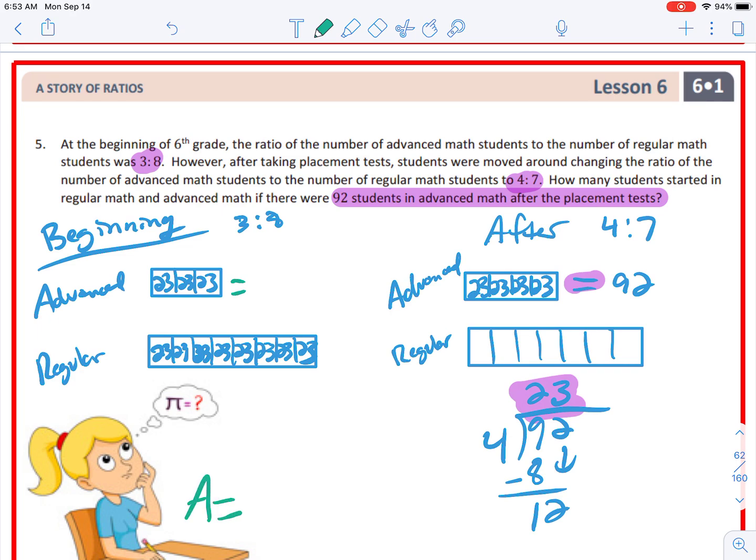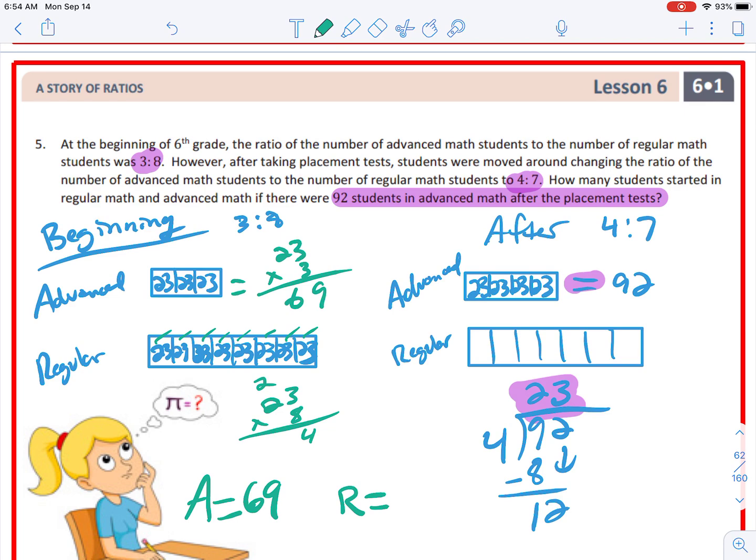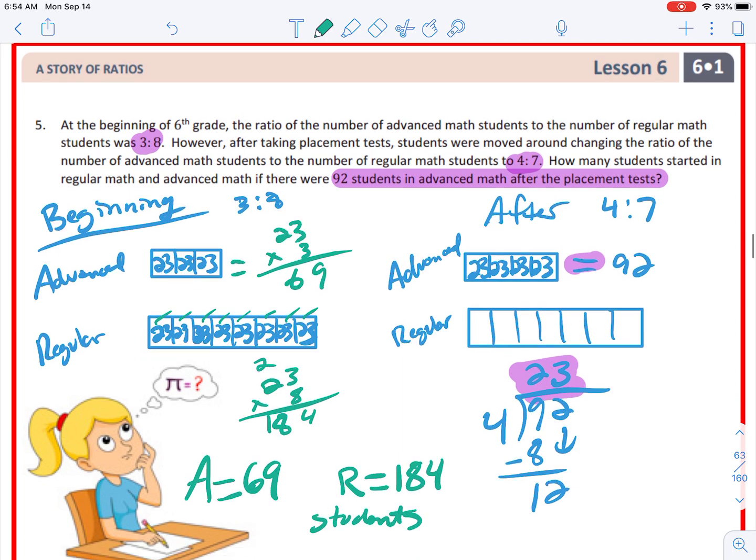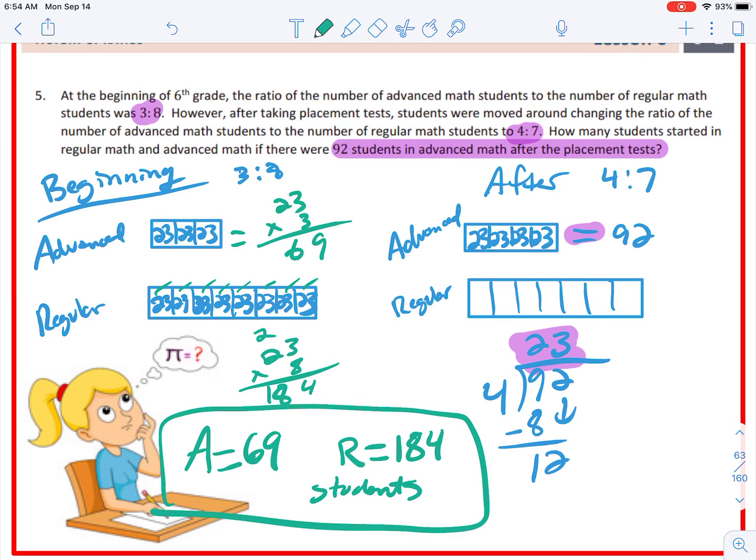A equals advanced and R equals regular. 23 times 3 is 69. So 69 students started in the advanced group. Then 1, 2, 3, 4, 5, 6, 7, 8. 23 times 8: 8 times 3 is 24, 8 times 2 is 16, plus 2 is 18. And in the regular group it was 184 students. And that was our answer.